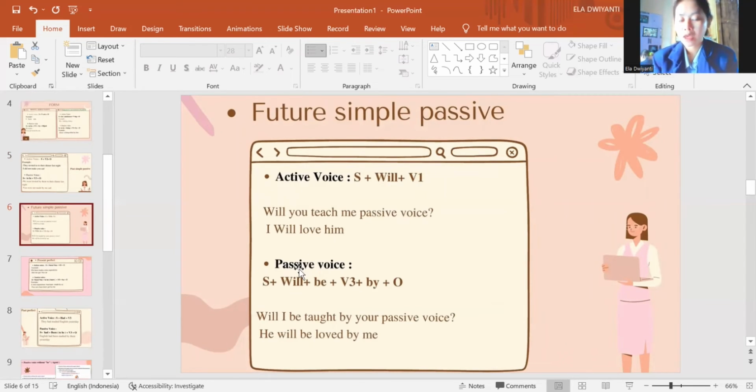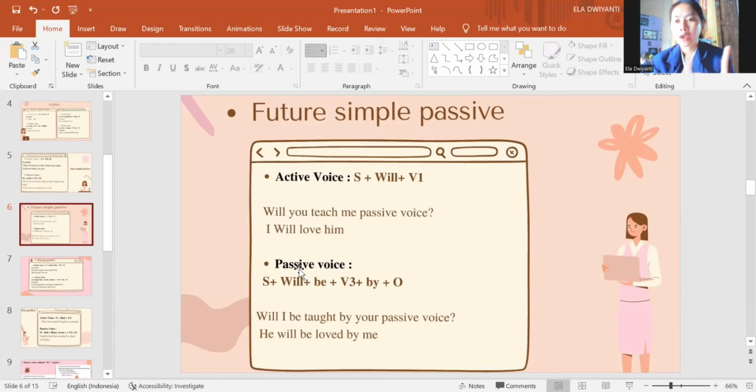In the passive voice, the pattern is subject, will, be, verb 3, preposition by, and object. It's the same as the other passive voices. In the future simple passive, we also need to switch the subject and the object of the active voice.